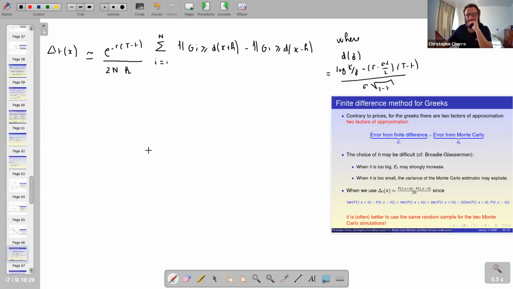So if I want to control the error in this Monte Carlo approximation, I need to have a look at the variance of what I have inside.